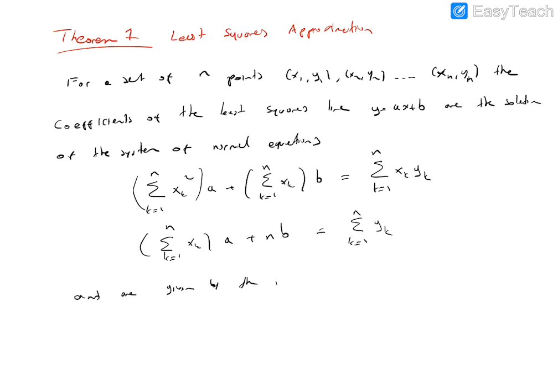okay, a equals n times the summation of xk yk, which we have already calculated, minus the summation of xk from 1 to n times the summation of yk from 1 to n. It seems very complex, but it is easy to calculate.